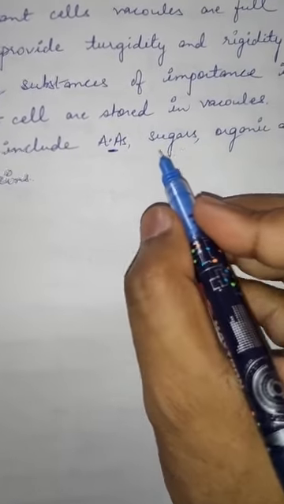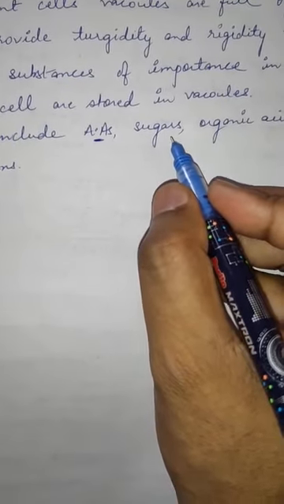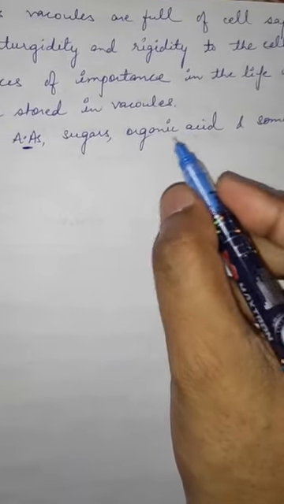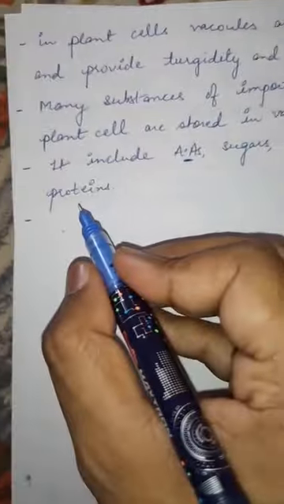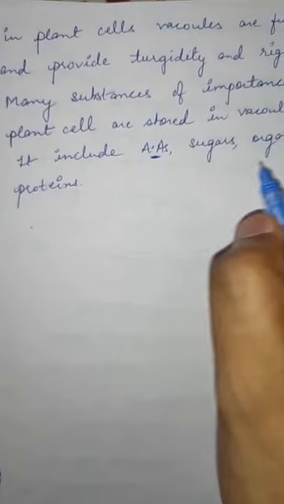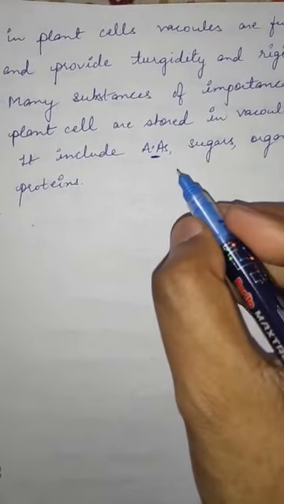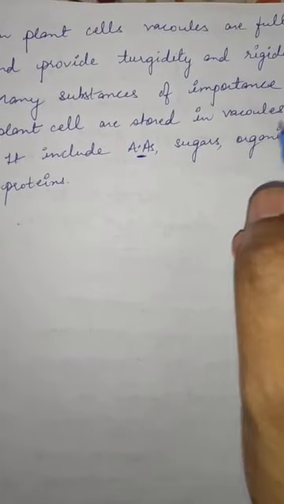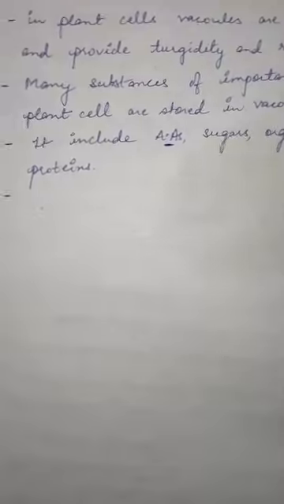Amino acids, sugars, carbohydrates, some organic acids and some proteins. These are the materials that are stored in the vacuoles. Clear? Shall I repeat? Yes, I will repeat it.